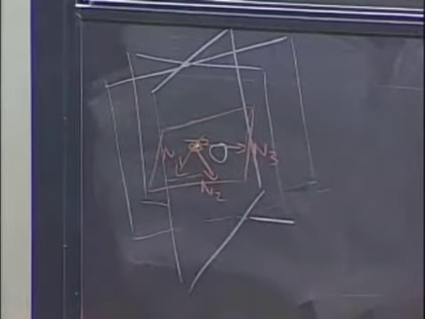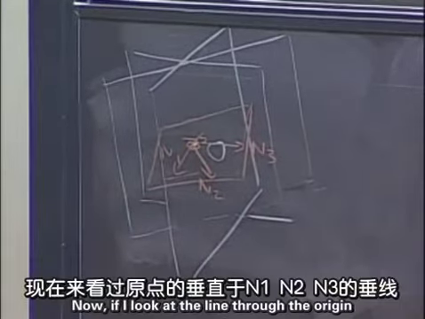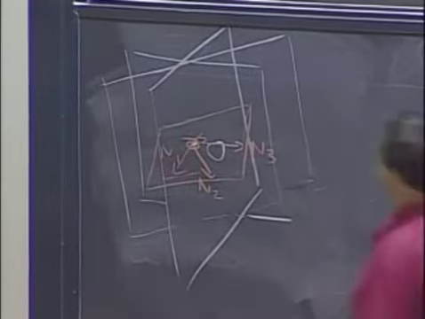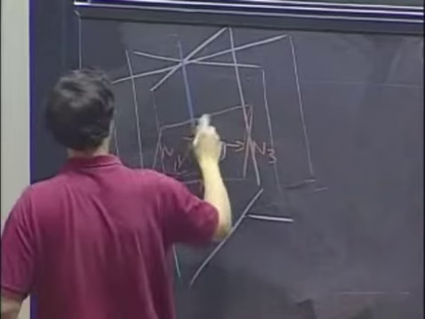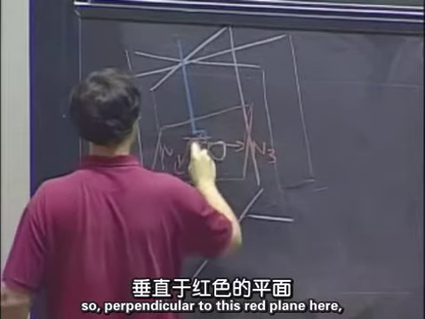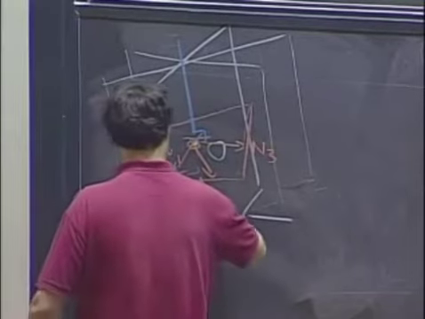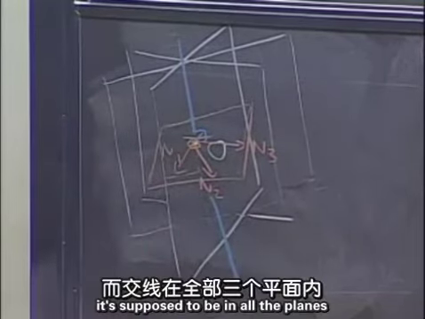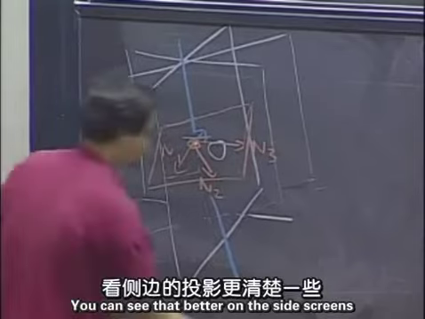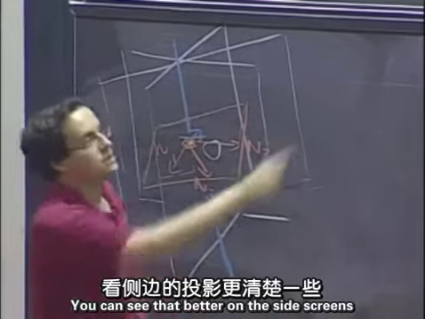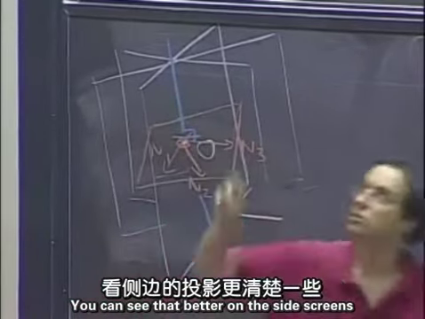Well, now if I look at the line through the origin that's perpendicular to n1, n2, and n3, so perpendicular to this red plane here, that's a terrible picture. It's supposed to be in all the planes. Okay, you can see that better on the side screens.